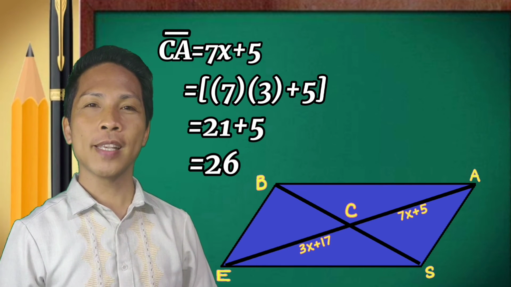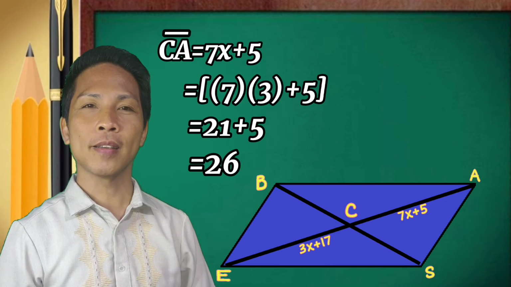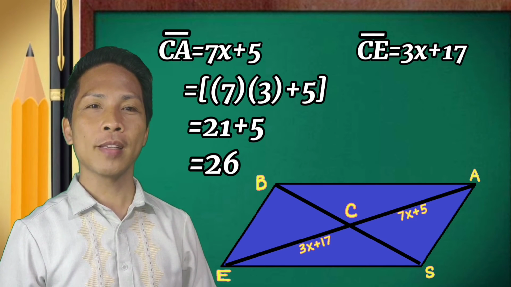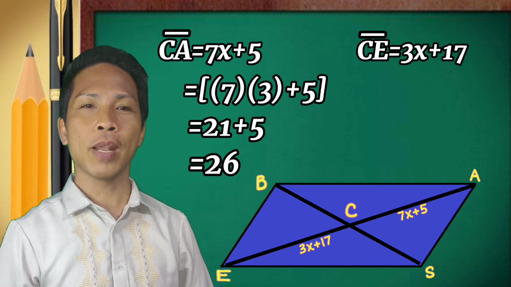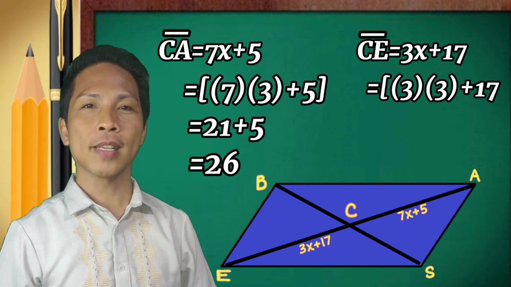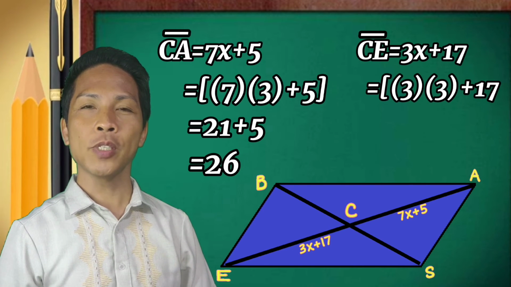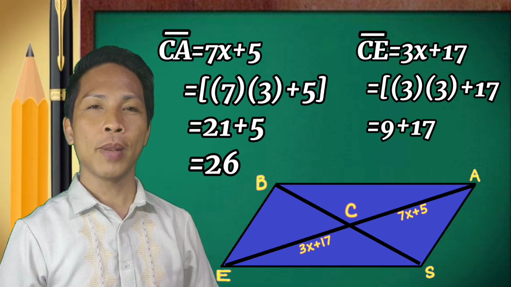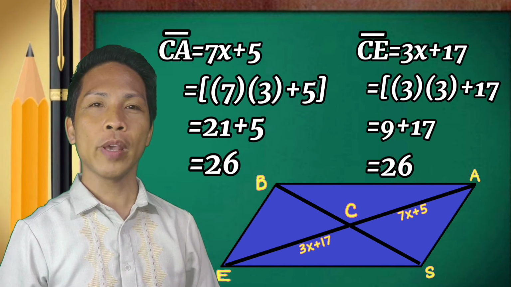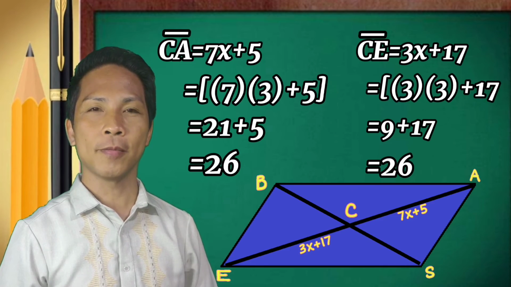So, segment CA equals 26. Next, segment CE equals 3x plus 17. Substitute x by 3. 3 times 3 plus 17. 3 times 3 equals 9 plus 17 equals 26. So segment CE equals 26.